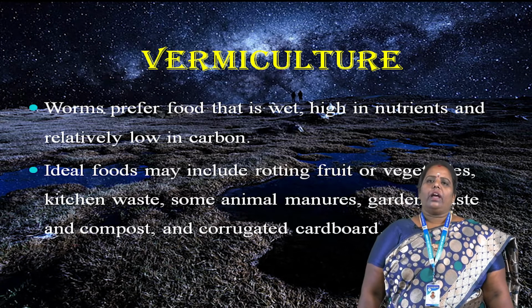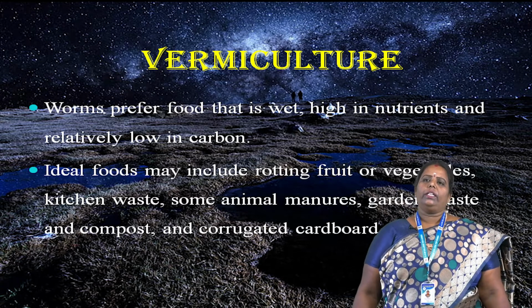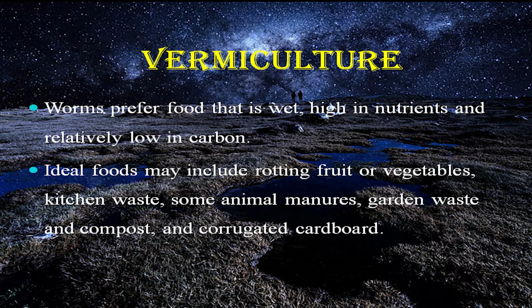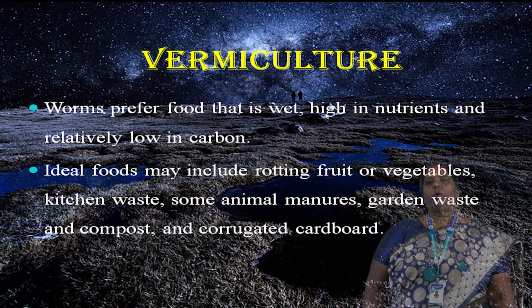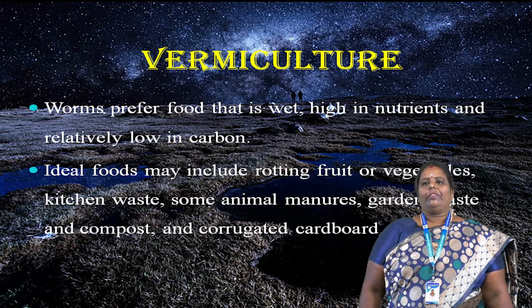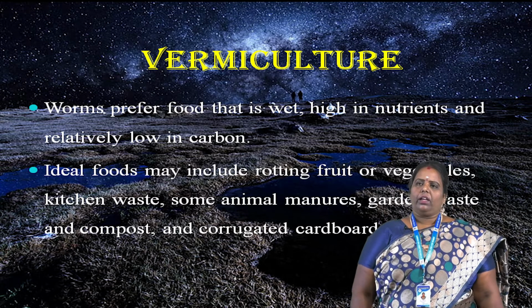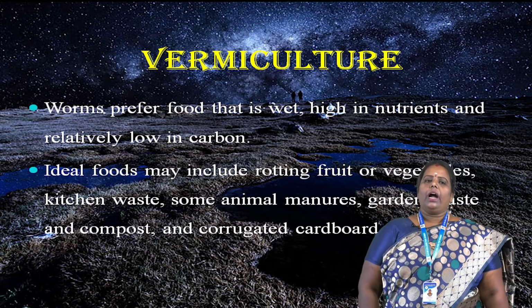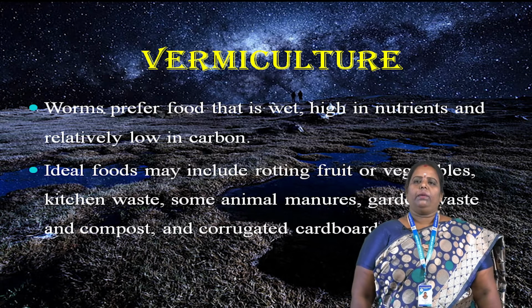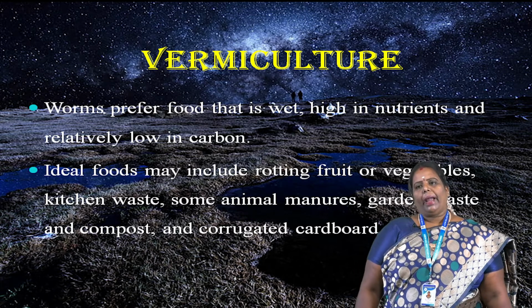Ideal food includes rotting fruits, which means decaying fruits or vegetables. Others are kitchen waste, some animal manure, garden waste and compost, and also some cardboard. These are used by the earthworm for intake of food, and the digesting process takes place and produces manure.